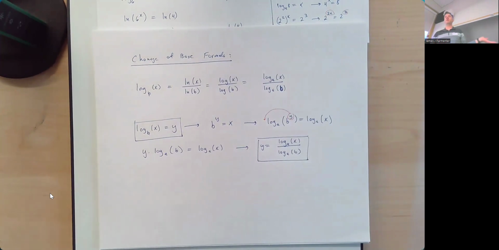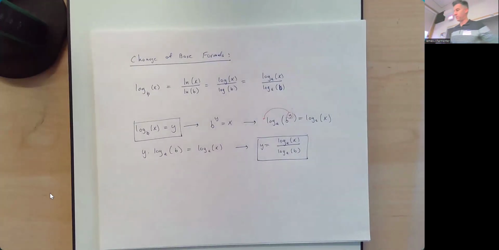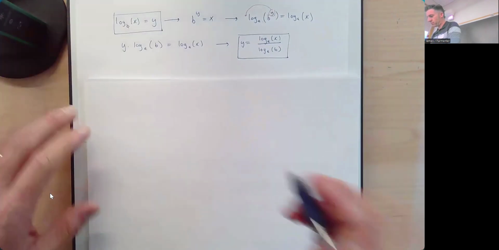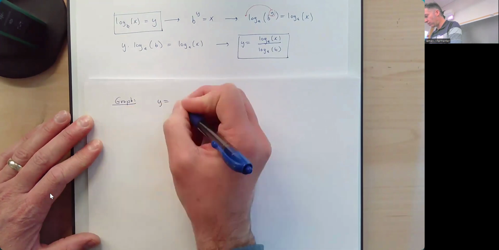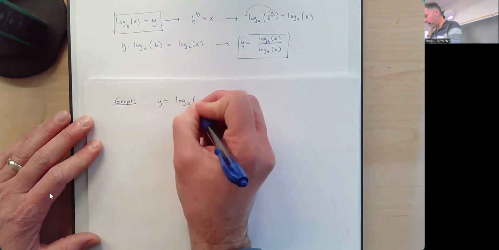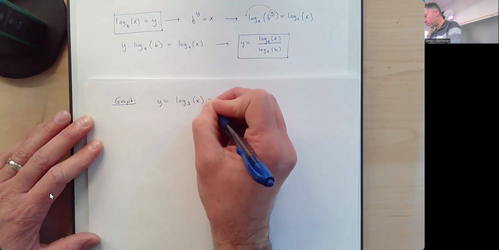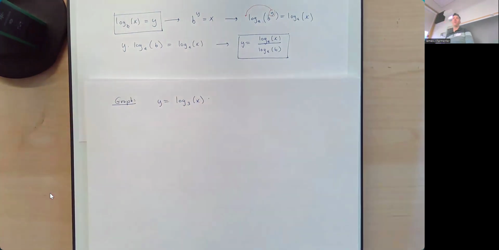Much like the exponential functions, when I'm graphing the logarithmic functions, I'm not trying to plot a whole bunch of points. So, for example, if I were asked to graph y equal to log base 3 of x, I wouldn't do anything other than draw my vertical asymptote.